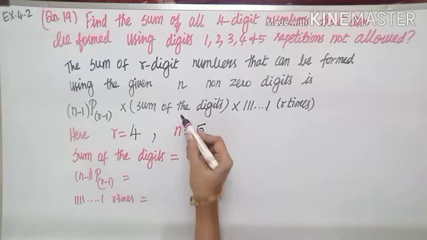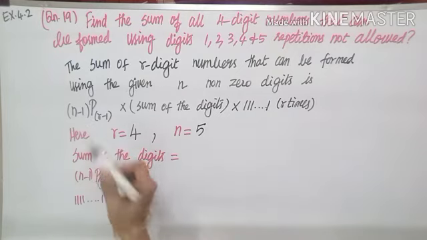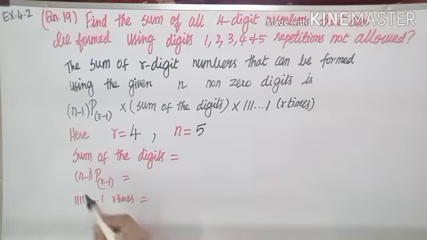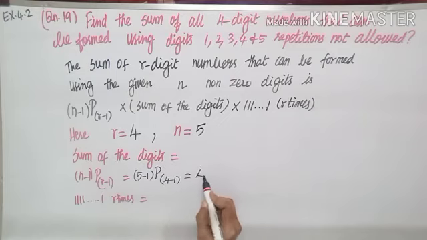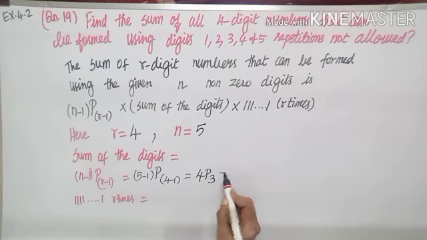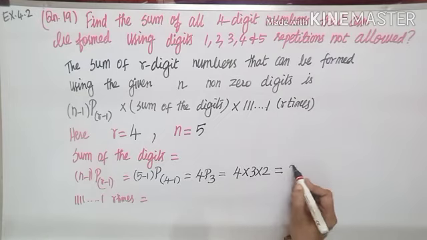To apply in this formula, I want to find these three things. (n-1)P(r-1). What is n minus 1? 5 minus 1, P, r minus 1 is 4 minus 1, that is 4P3. How to find 4P3? 4 into 3 into 2 and my answer is 24.